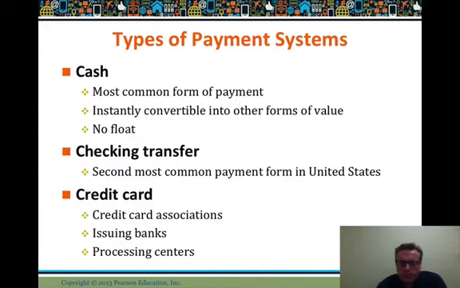for the average consumer. Credit cards are the most prominent use of payment online, and they involve a lot of constituents, including the credit card associations. MasterCard, Visa are the two biggest. The issuing banks, Chase, Citibank, Bank of America, that actually deal with the consumer directly and issue them the cards.